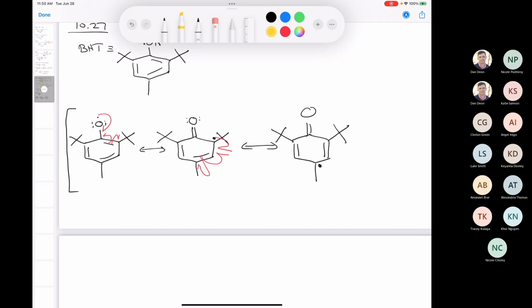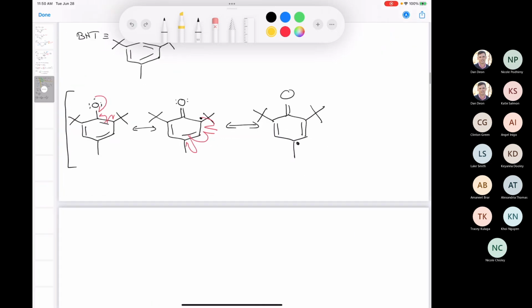And then I have one last contributor, don't I? Because I have another allylic radical here. Zoom out. And what's that going to look like? Well, I'm going to delocalize this, put the radical up here, and that will give me the very last contributor, which looks like this.